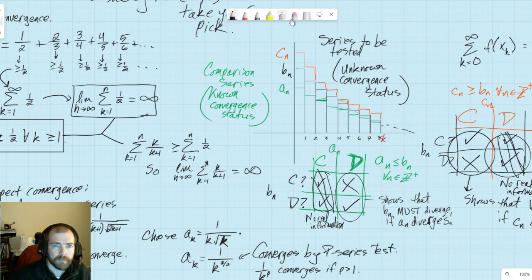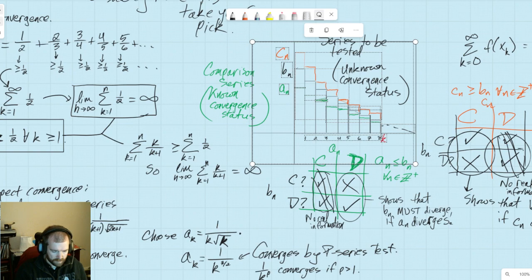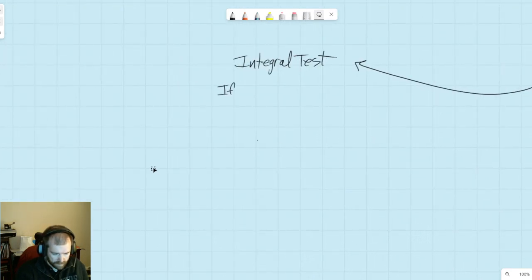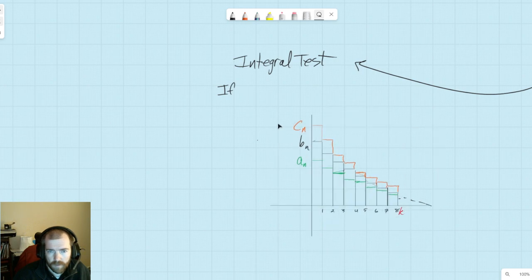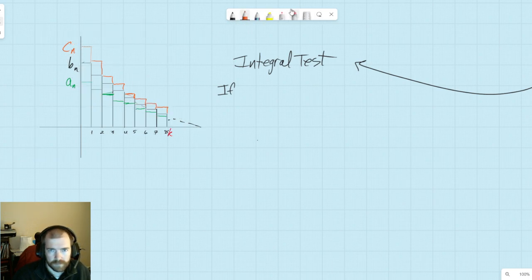Weird. So in this particular case, we don't want these colors.